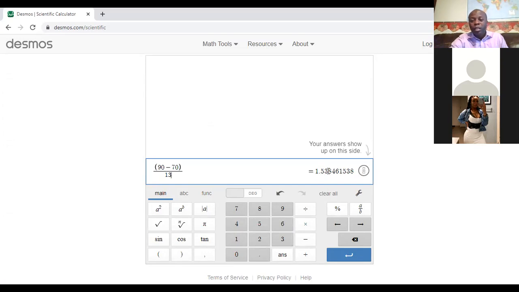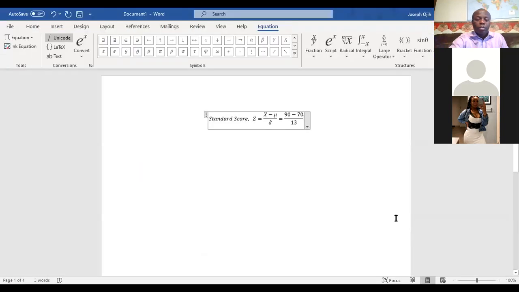We round it to the second decimal place, which is 1.54. So I got 1.54 here. I'm going to copy this and paste it in our main workbook, and then we can interpret it.